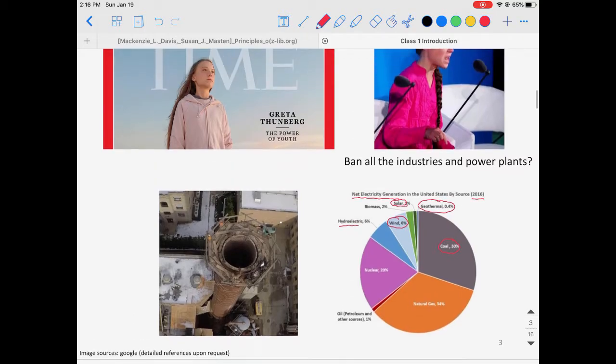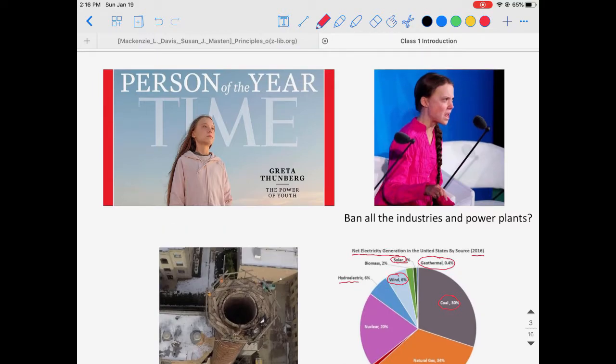So there's no easy way for us to solve all of these environmental problems by just thinking about cutting all of these energy productions here. Okay.